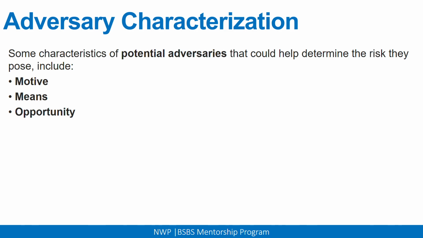Can they get these agents without being noticed? If you can get the agent without being noticed, it means your opportunity becomes greater than someone who can come in and be noticed as they are trying to get the agents.